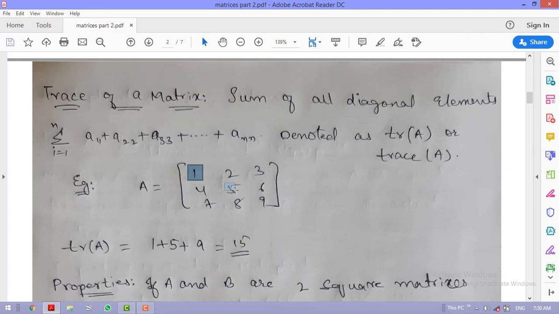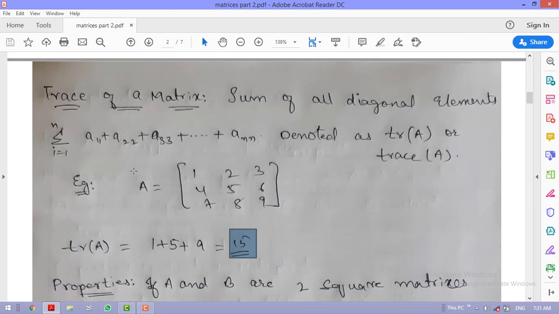After that I have a 5, which is in the second row and second column, and at last I have 9, third row and third column, whereas you can't use 3 because it is in the first row and third column, where the position of row is not equal to the position of column. So here I am taking 1, 5 and 9, and the sum of these three diagonal elements is equal to 15. So this 15 is the trace of A, right?